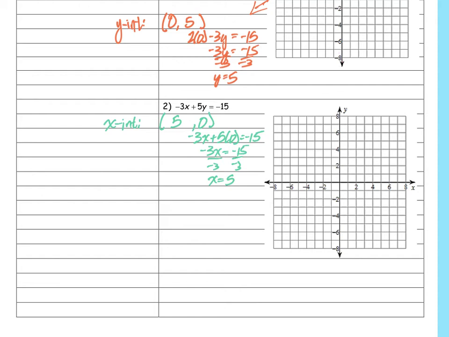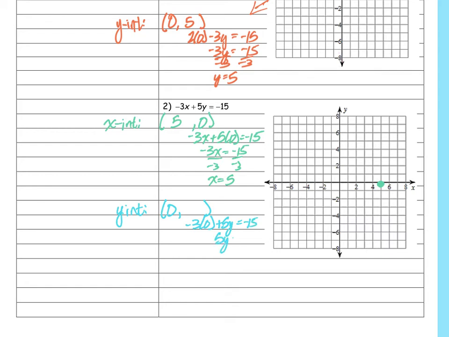Beautiful. And I can graph it: 5, 0. Beautiful. And then we're going to do the y-intercept. For my y-intercept, x equals 0, and wherever there's an x, I'm going to put 0. So I've got negative 3 times 0 plus 5y equals negative 15.